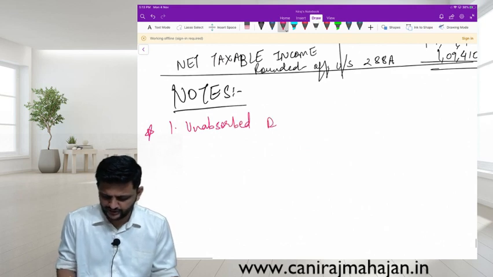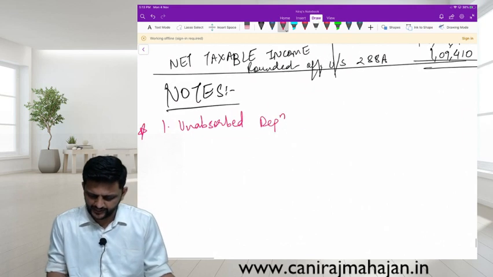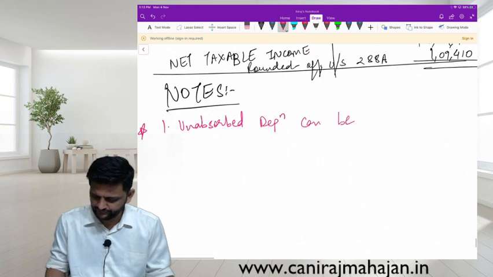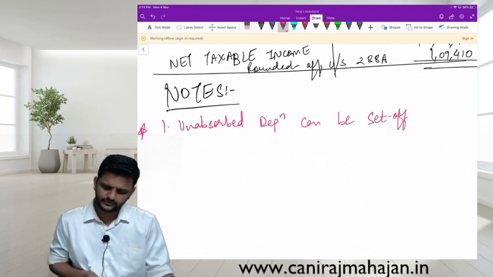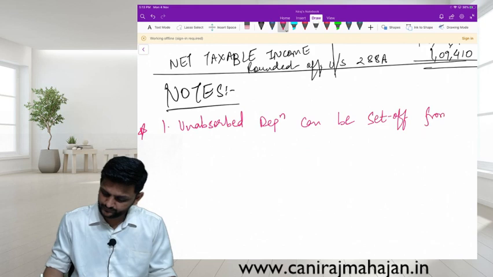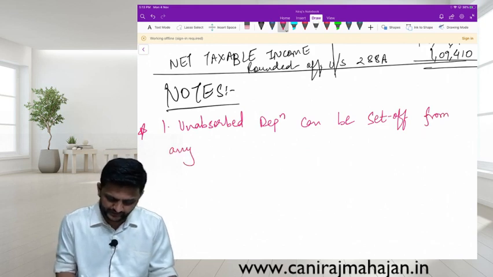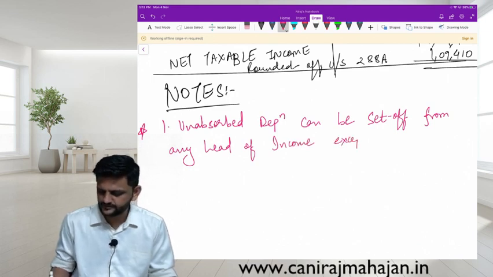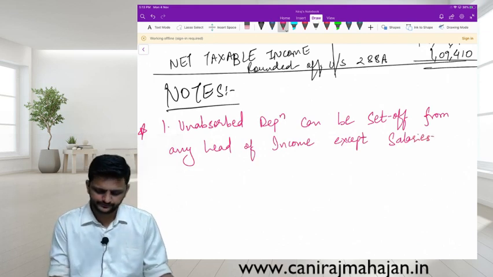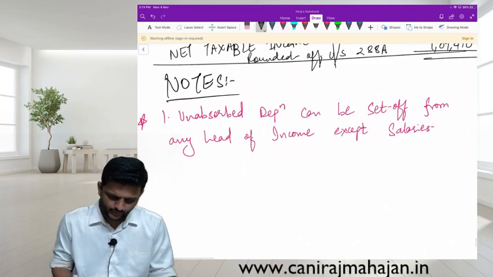Unabsorbed depreciation can be set off from any head of income except salaries. Full stop.